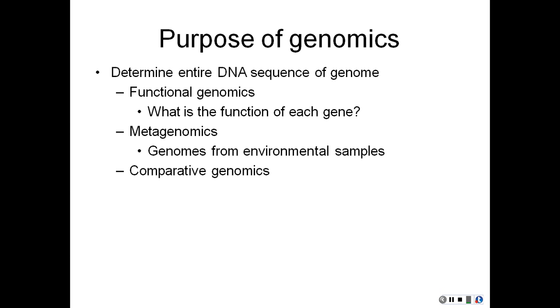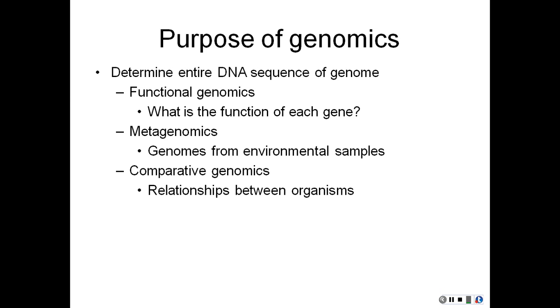We can also do comparative genomics. We can ask, what's the relationship between organisms? Very frequently, this is done by comparing the genes for ribosomal RNA. Ribosomal RNA makes up the ribosome. All cells have ribosomes, so it's a good molecule for comparing across a wide variety of living things, all the way from bacteria to humans.